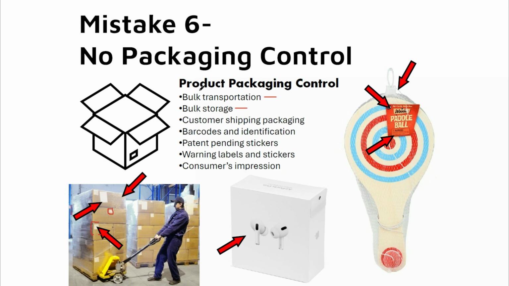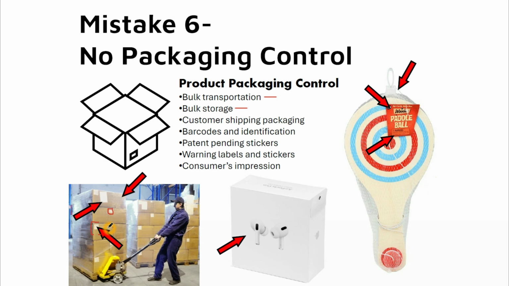So proper packaging controls are critical to make sure the product lands in the hands of the final customers without damage, without dings, and making sure that the logistics of handling your product is easy. And we'll do that, again, through product packaging controls.